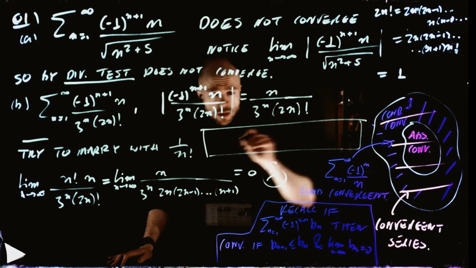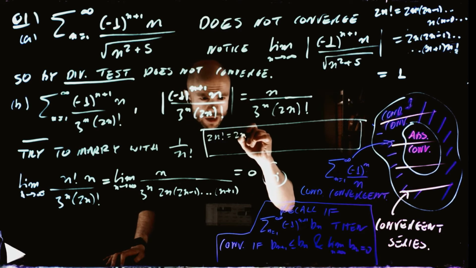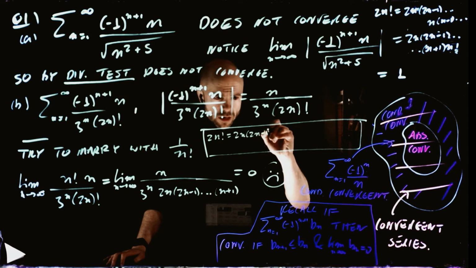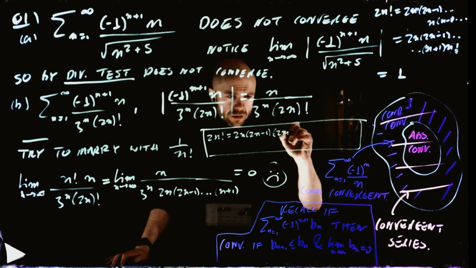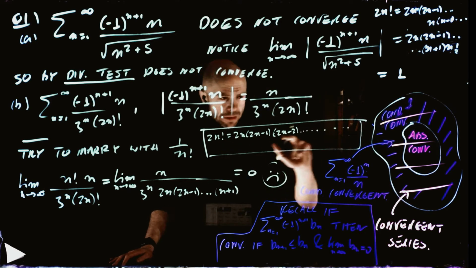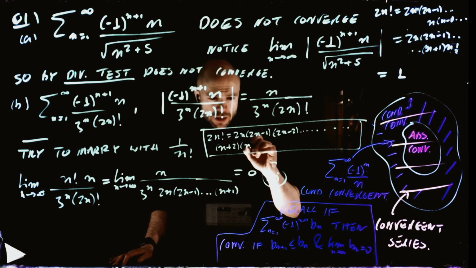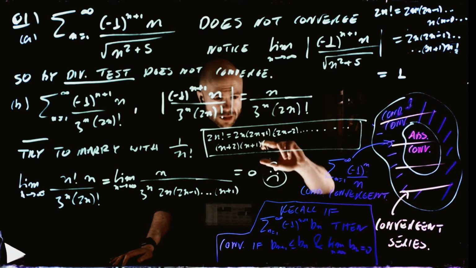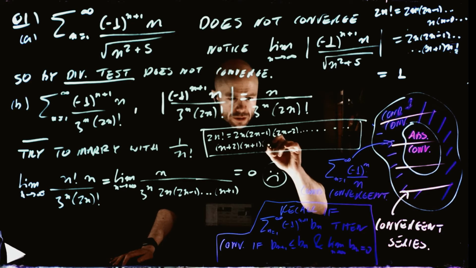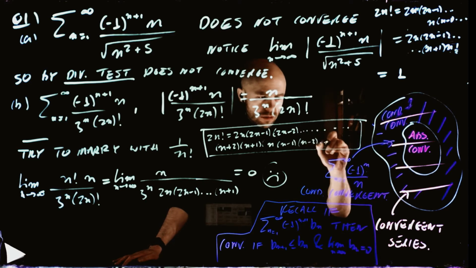Let me write this again. So look at this. 2n factorial is 2n, 2n minus 1, 2n minus 2, and so on. It just goes down and down and down. And if we keep going down, then ultimately we're going to get to n plus 2, n plus 1, and then it's going to go n, and then it'll go n minus 1, n minus 2, and so on, all the way down to 1.